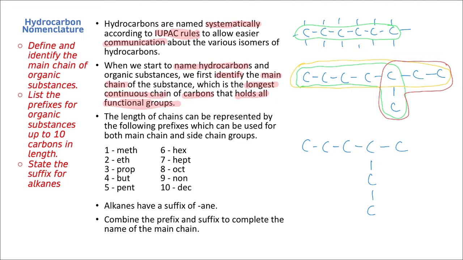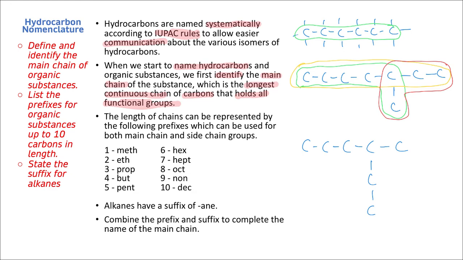Or is it this one here? Sometimes the longest chain isn't just going to be the one that is fully horizontal or fully vertical. In this case, it's the green line here, which is the main chain, which is 6 long.